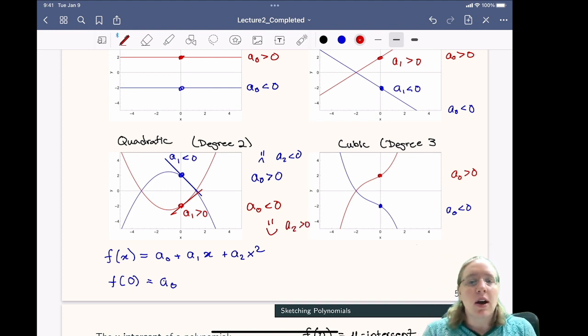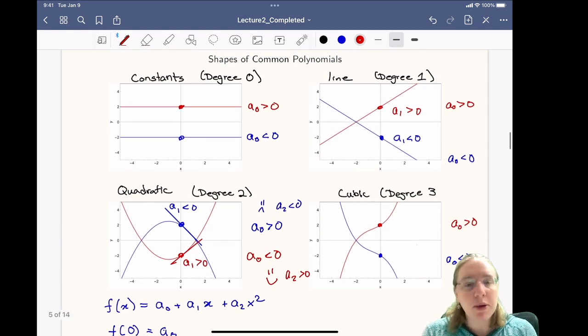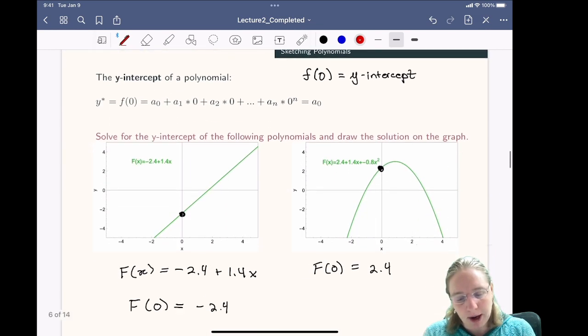All right, so you should be able to look at a polynomial of low degrees, specifically 0, 1, and 2, and tell me the values of a0, the magnitude of a0, a1, and a2, whether they are greater than 0 or less than 0.